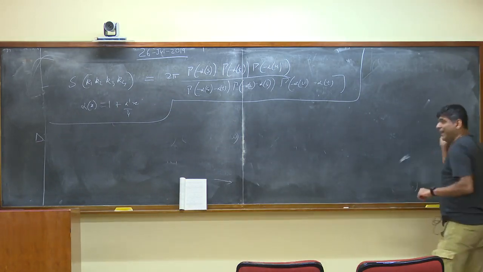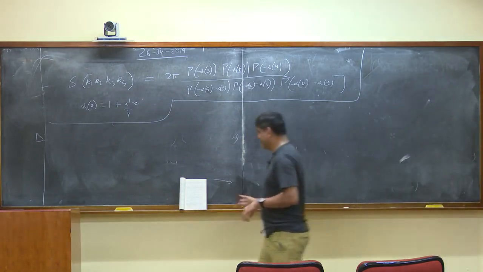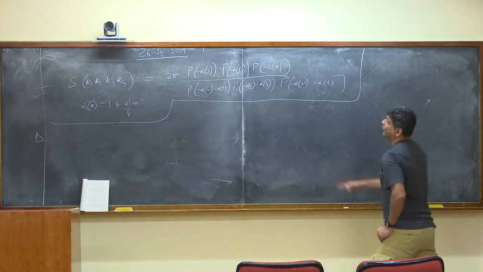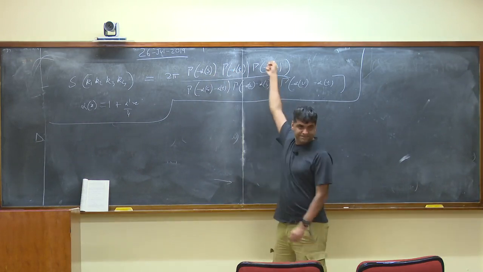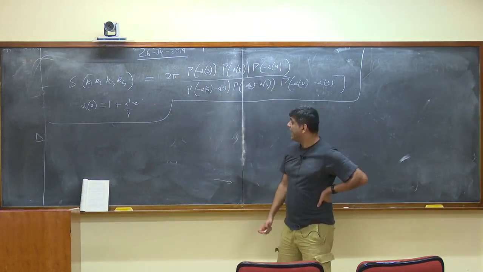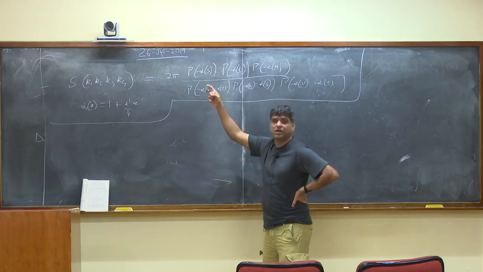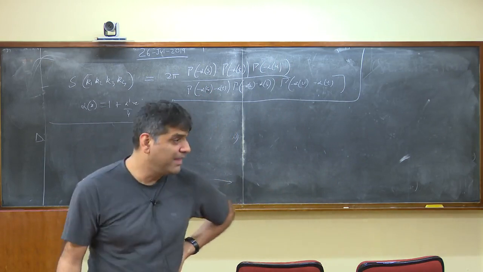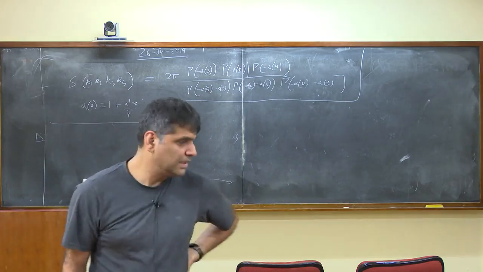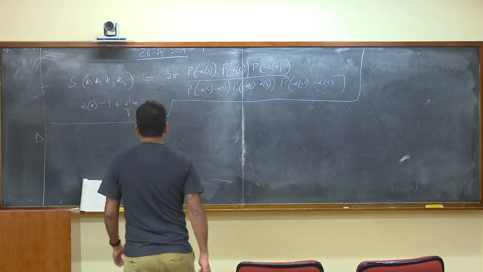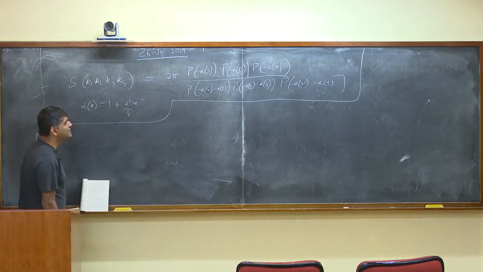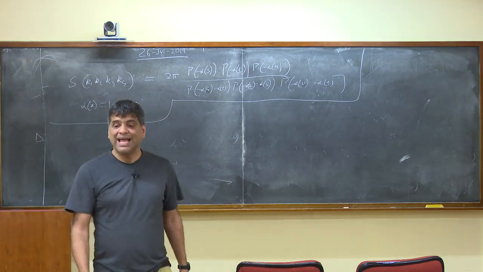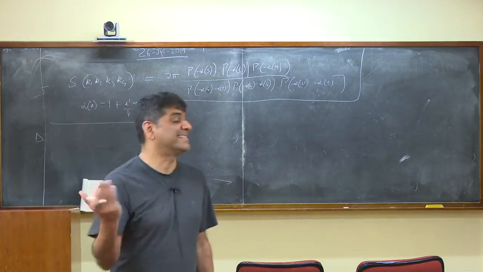If one of these three arguments is negative, and there is no corresponding compensating cancelling factor, then this thing is going to have a pole. So let us first study the poles in S.